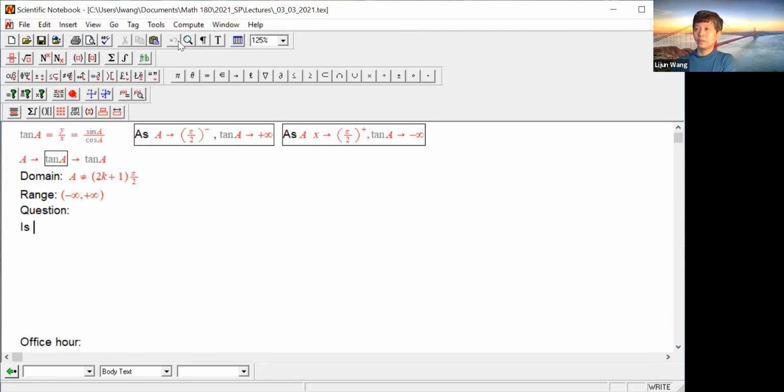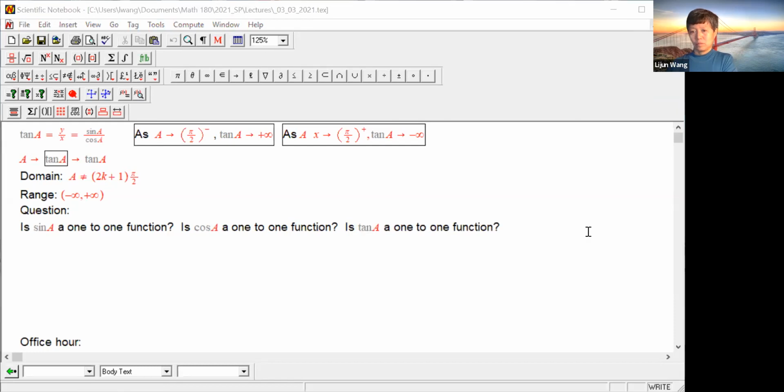Is sine a one-to-one function? Is cosine a one-to-one function?